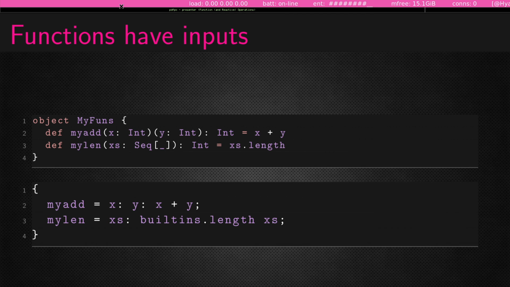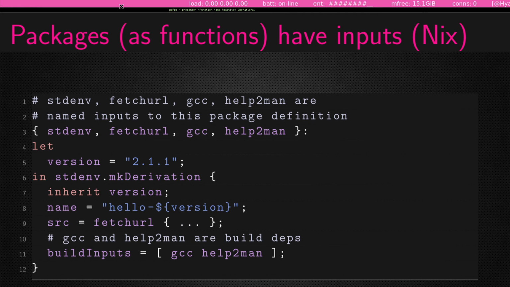I just wanted to introduce the syntax and okay, one of the properties of referential transparency is that functions have inputs. Now, we can model packages as functions, or lambdas, as they're called in Nix. And of course, these have inputs. So the first 2 lines are just comments. Line 3 has some named arguments. And there are 4 arguments there.